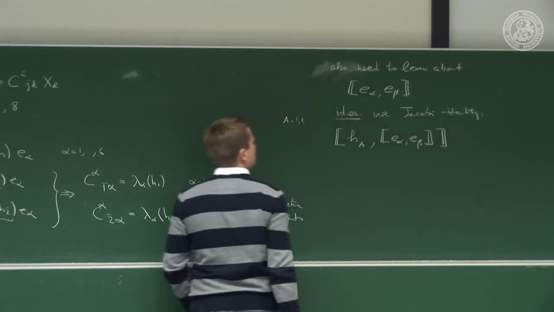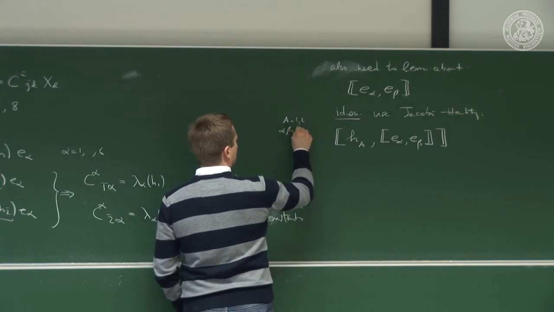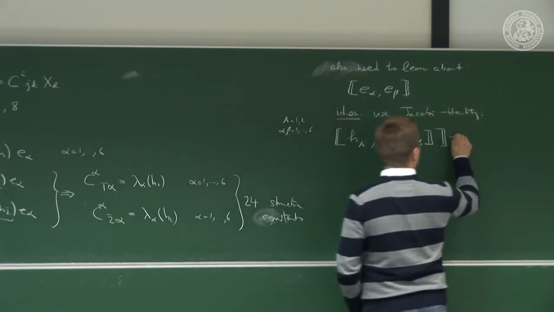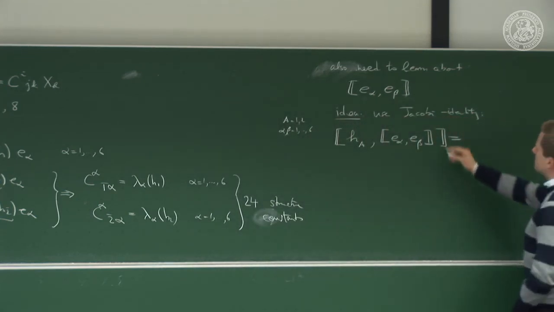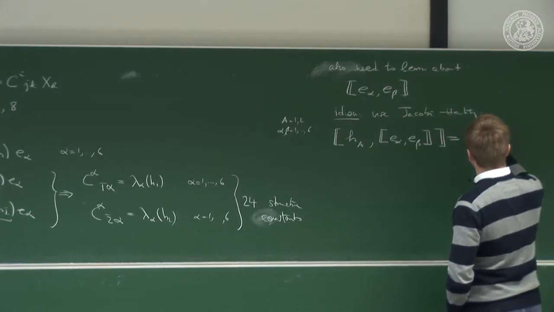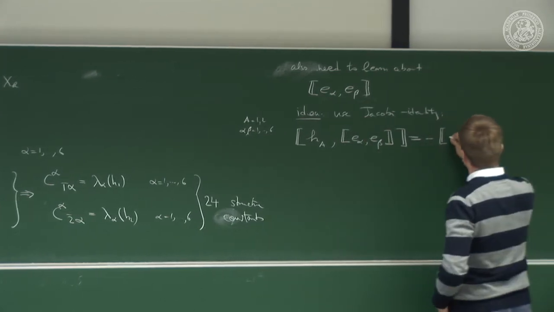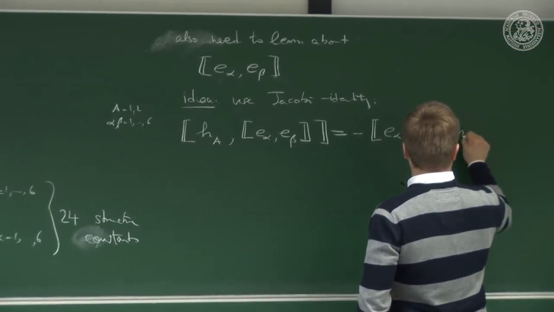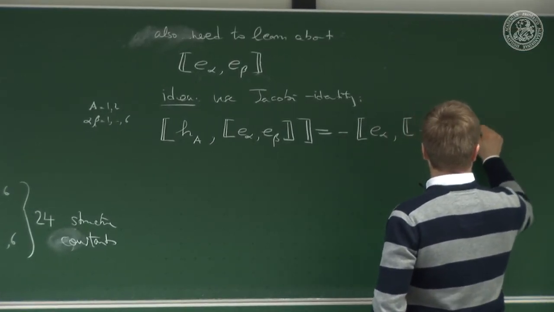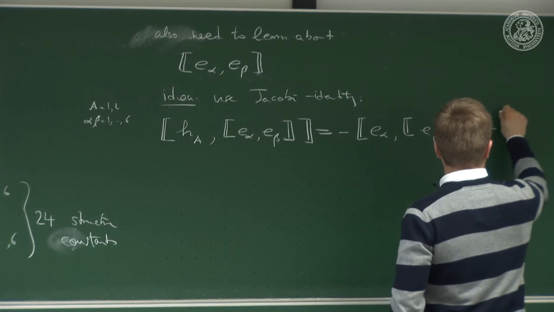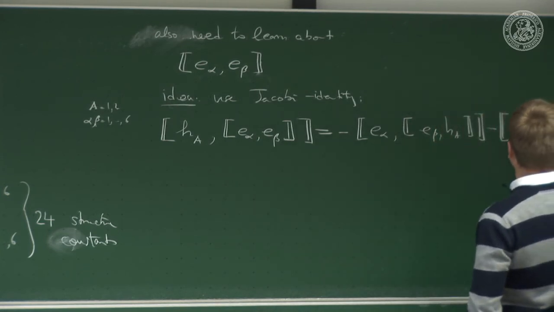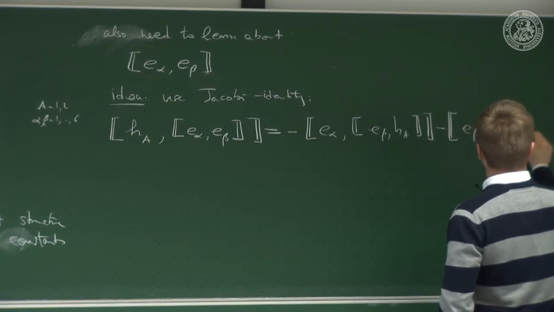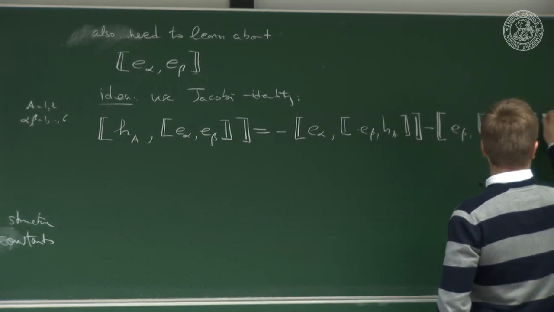And so we take these nested brackets, alpha, beta runs from 1 to 6, and we hope to learn something. Of course we do, because by use of the Jacobi identity, this is minus, now we cyclically rotate through, [E_alpha, [E_beta, H_A]] minus [E_beta, [H_A, E_alpha]].